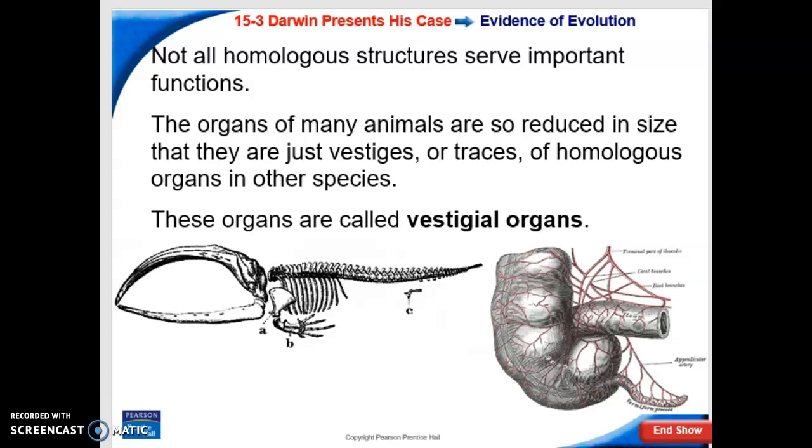That has no use for a whale, so we call it a vestigial organ. On humans, one of our vestigial organs is the appendix. In us, it is believed that at one point in time it was functional in ancient ancestors, but as we have evolved, the appendix really has no use anymore, so that would be one of our vestigial organs.